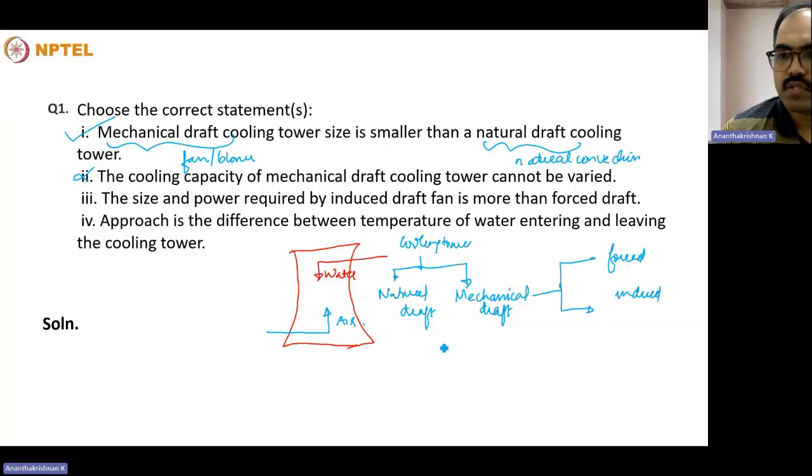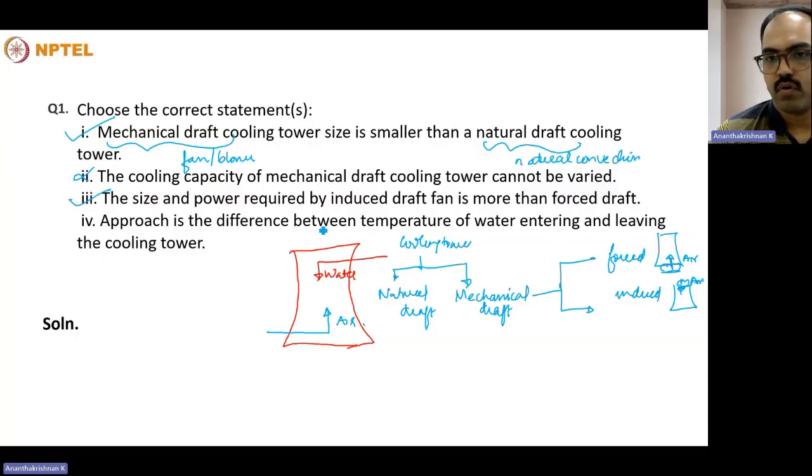In the case of forced, we keep the fan at the bottom. So if this is the cooling tower, the fan will be at the bottom. And if it is induced, the fan will be at the top.